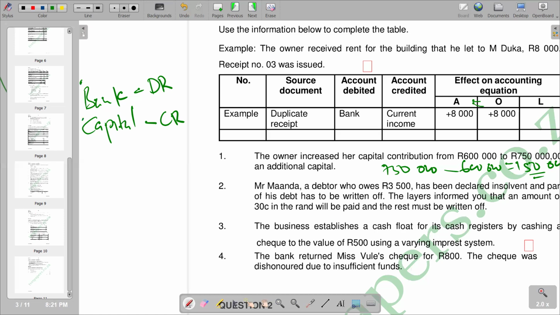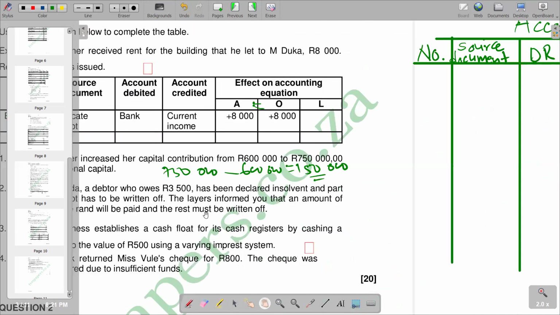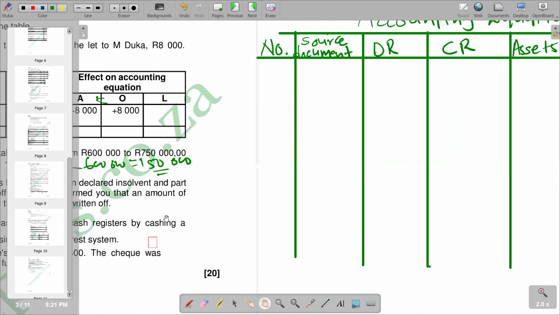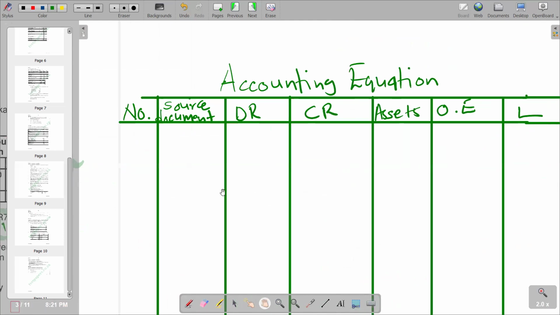Let's see according to the transaction that we are given. So if you come here, let's start by entering the item number, which is number 1, and the source document. Obviously, this transaction is money that is entering into the bank.